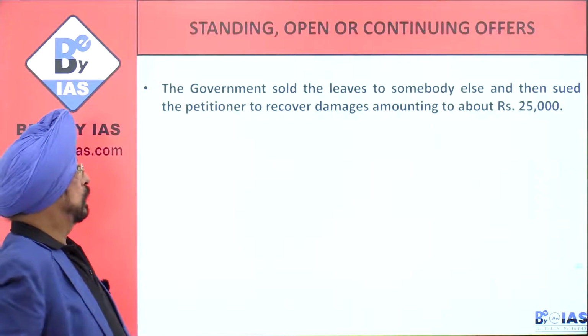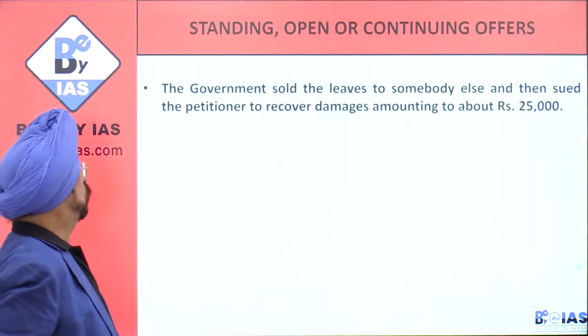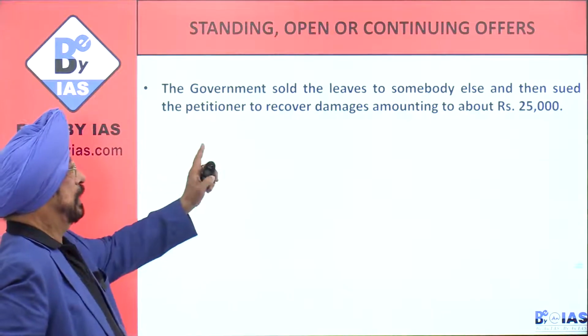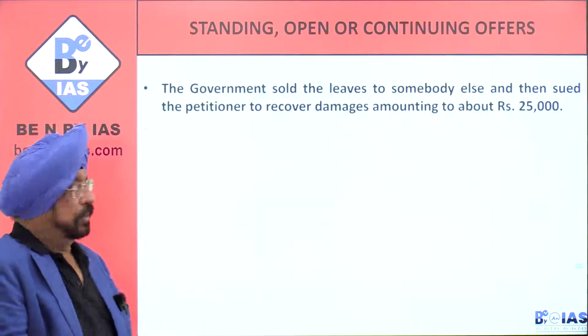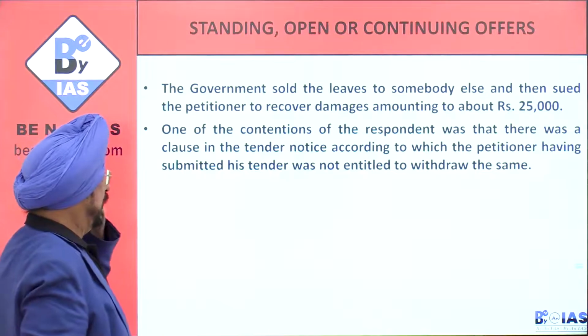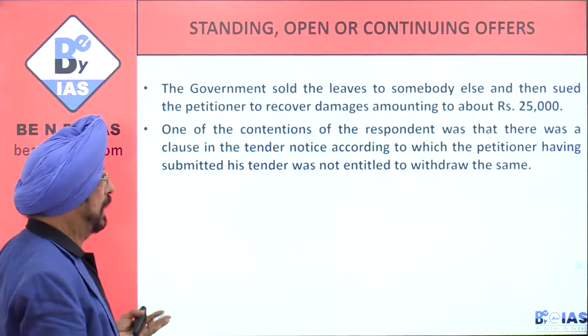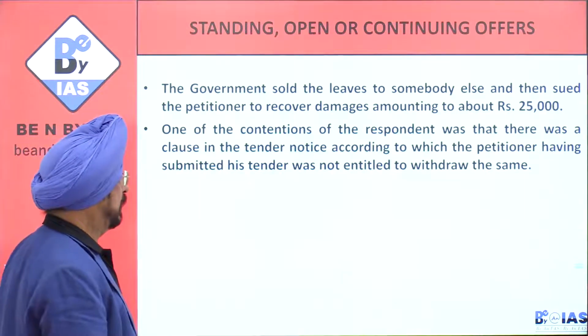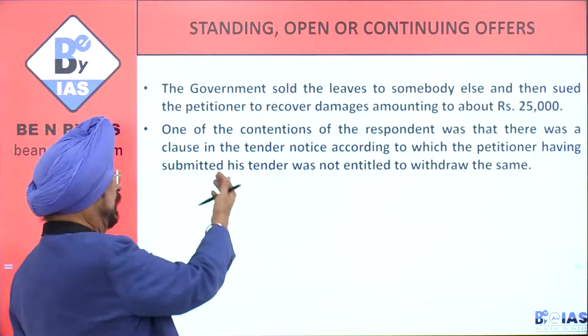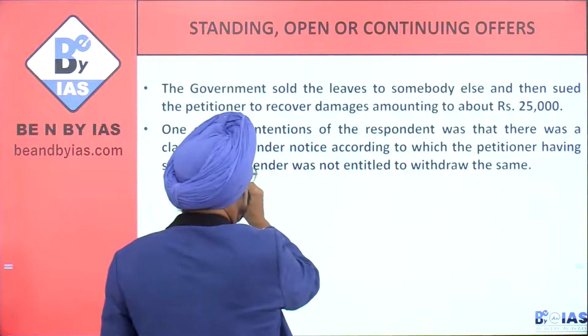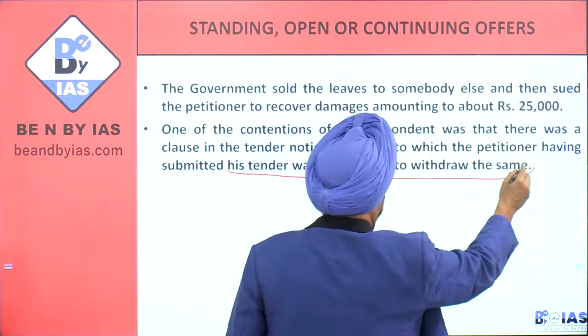The government sold the leaves to somebody else and then sued the petitioner to recover damages amounting to 25,000 rupees. So one of the contentions of the respondent was that there was a clause in the tender notice according to which the petitioner, having submitted his tender, was not entitled to withdraw.